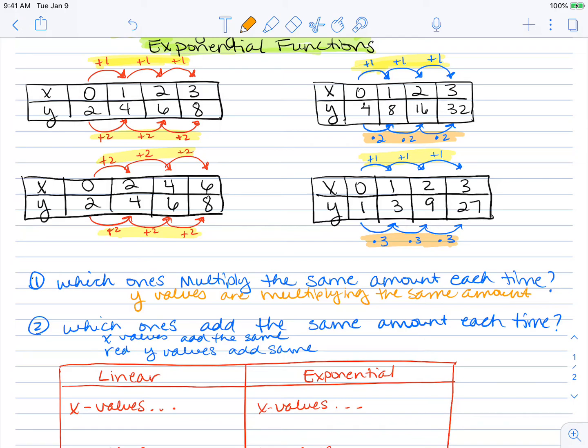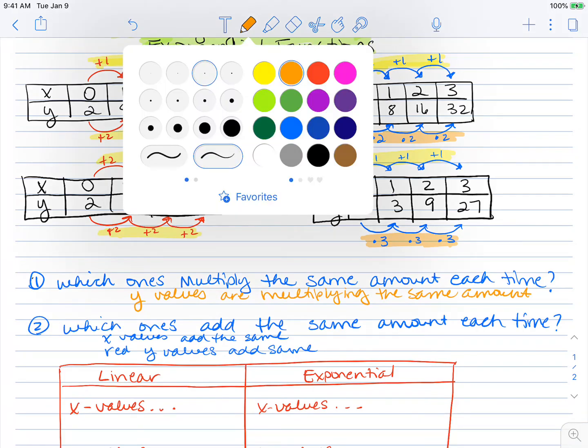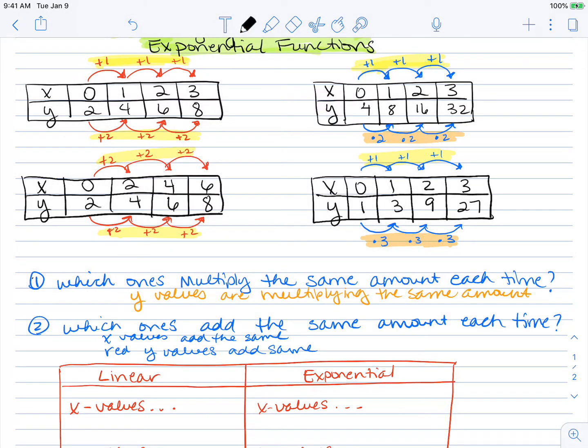Okay. So when we're doing this, we have a table we're going to fill out, and I'm going to start showing you that the things that were linear were the things that added the same every time, both for the x and the y, and the things that were exponential, well, the y values, they multiplied the same every time.